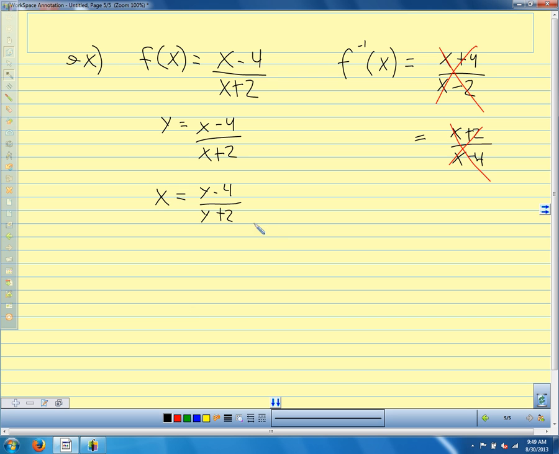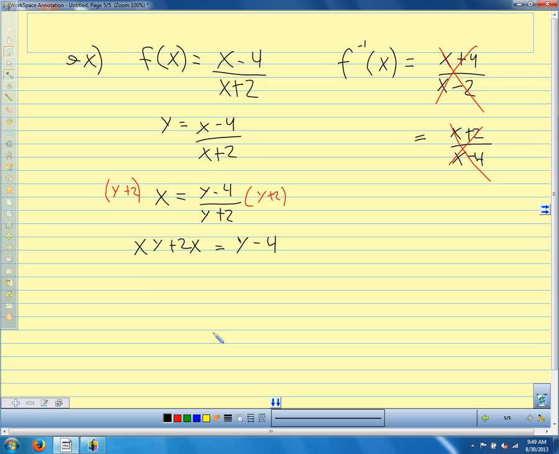Multiply both sides by y plus 2. I'm going to do that in red. Now I'm going to distribute here: xy plus 2x. I'm multiplying. These cancel. Equals y minus 4.